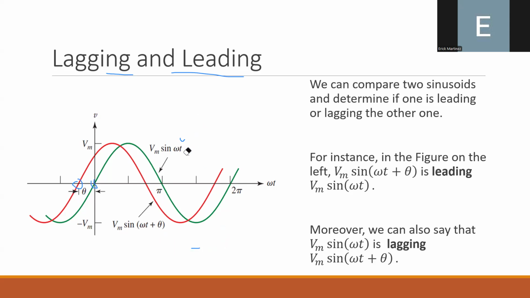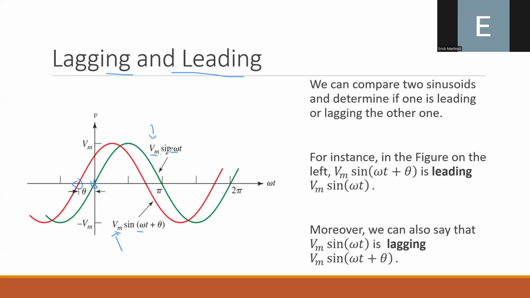It is important to consider that we have to meet certain conditions in order to compare two sinusoidals. The first one is that the amplitude of the two sinusoidals must be positive. Here you can observe that we have a positive amplitude sinusoidal. Also, the frequency of the sinusoidals must be the same. Another important factor is that the sinusoidals need to be expressed in terms of the same trigonometric function.